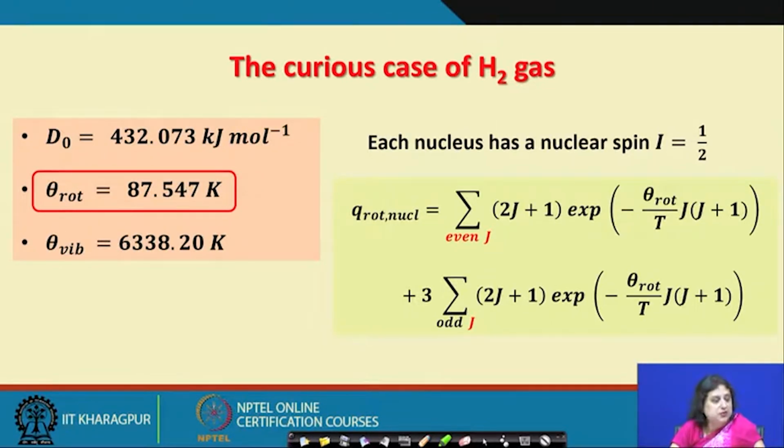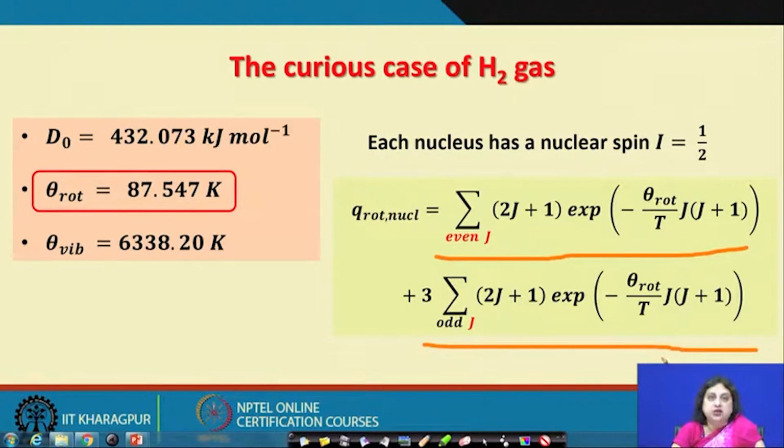Following those prescriptions, we find that this contribution to the single particle partition function is going to be comprised of two parts. Therefore, in the case of hydrogen gas, all the thermodynamic properties are going to have two different contributions, one associated with the symmetric nuclear wave functions, the other one associated with the antisymmetric nuclear wave functions.